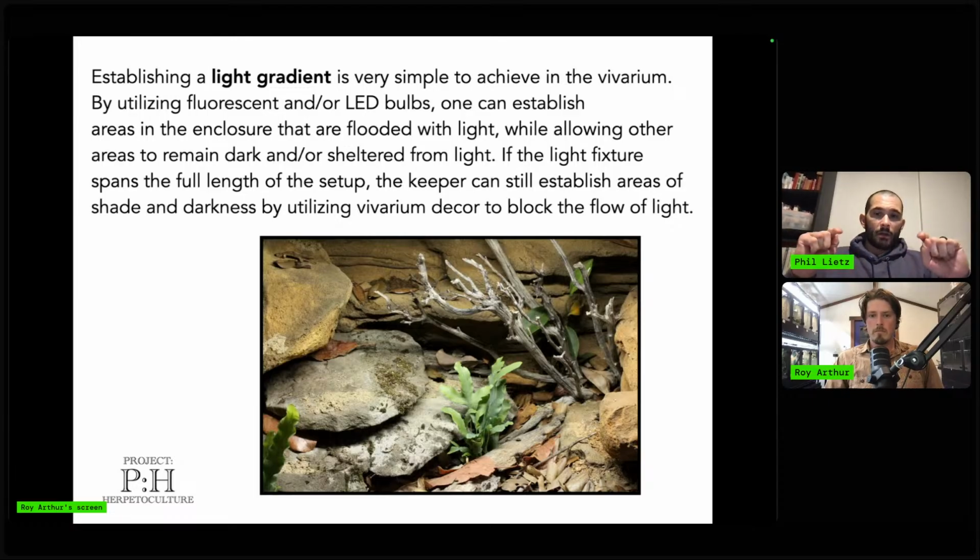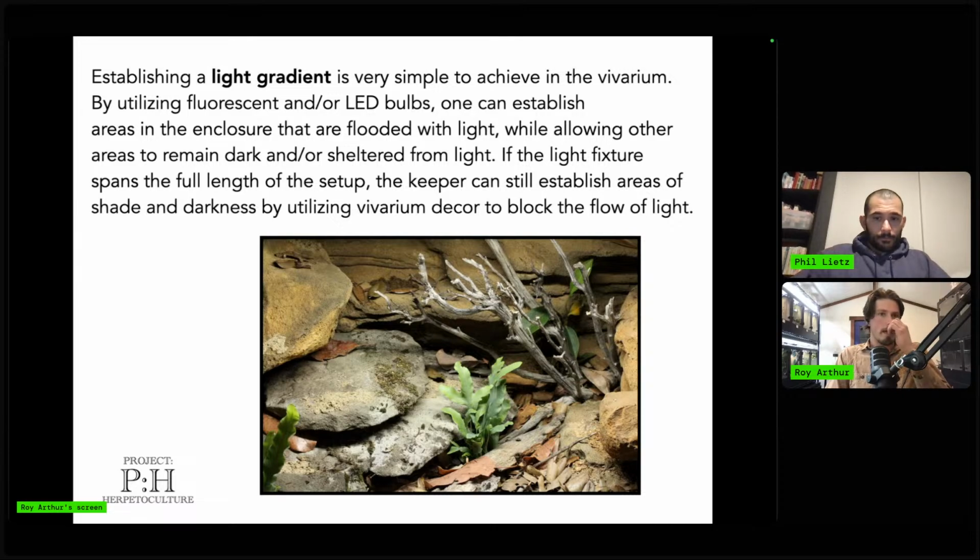And so by using a lighting gradient as a visual guide, that's going to push and guide you towards utilizing more of that 3D space, that airspace. You know what I'm saying? Yeah. Instead of being pushed against the sides or pushed down to the floor, right? Because that open air space just doesn't get utilized if there's not anything that occupies it for the animals to interact with.